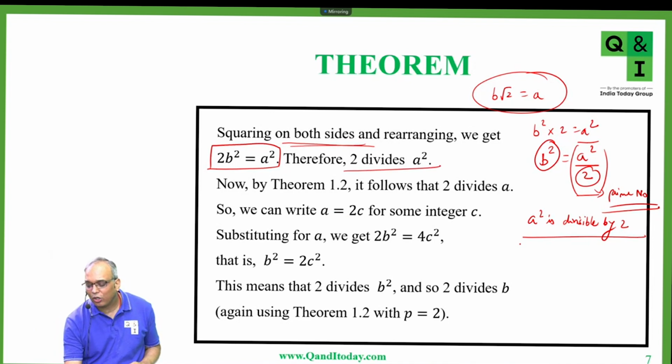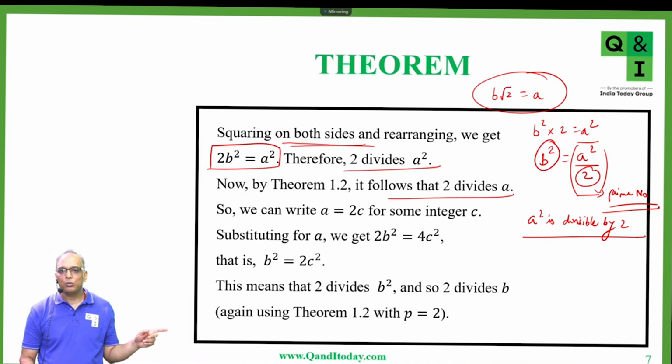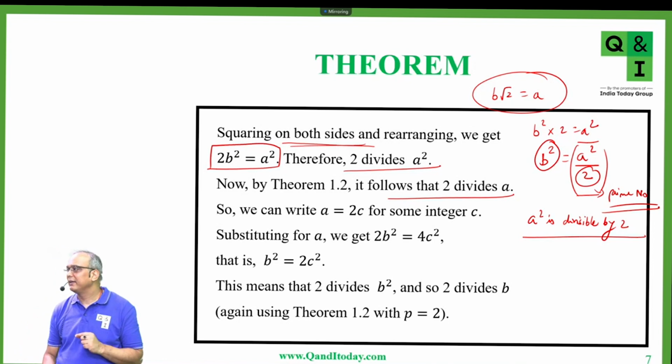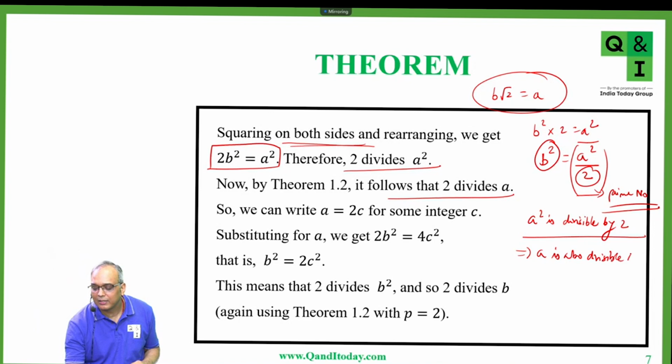Now when a square is divisible by 2, a will also be divisible by 2. Just now we had seen that theorem 1.2, where it said that if a square is divisible by p, then a will also be divisible by p. Clear? So here, since a square is divisible by 2, this means that a is also divisible by 2.